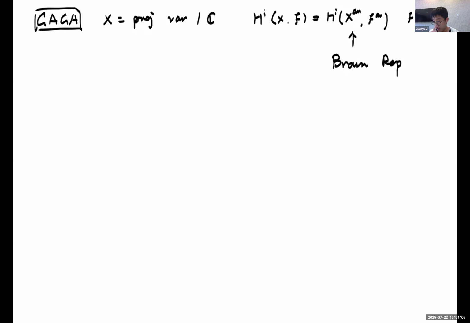Brown representability says that if H is a reduced generalized cohomology theory, then Hn, this functor, could be expressed as the pointed mapping space to some omega spectrum.